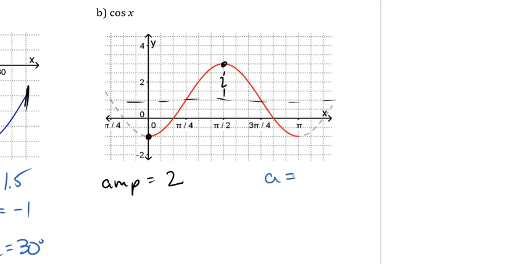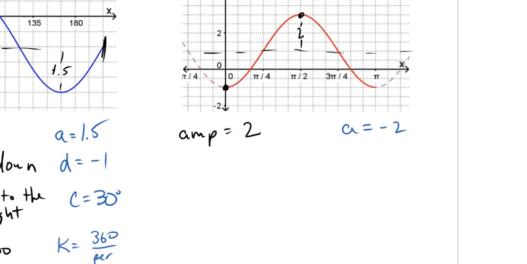And so then that's going to give us our a value. Does anybody want to tell me something about a? Nice. So it's going to be negative 2 because this is reflected from the parent cos function. Let's see. We're going to do vertical translation next.